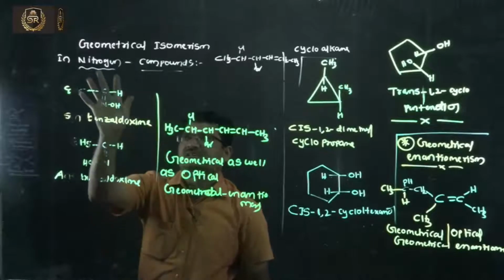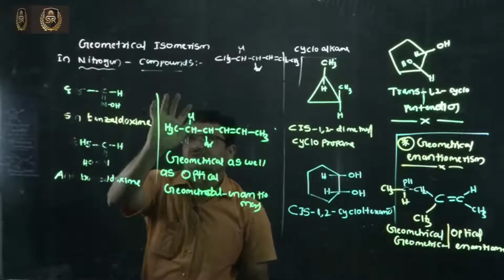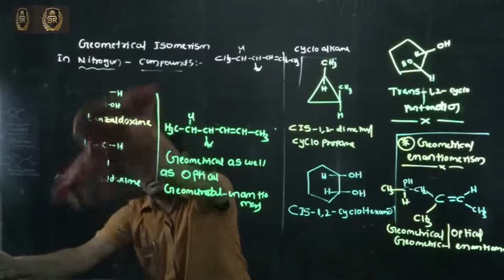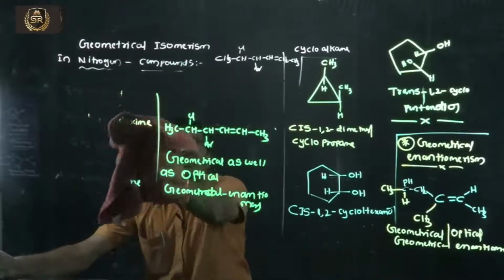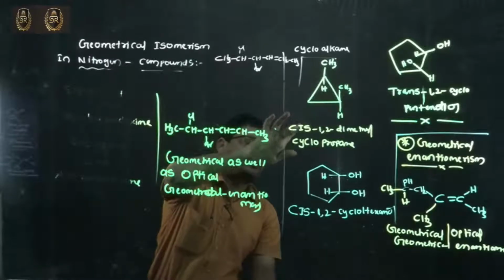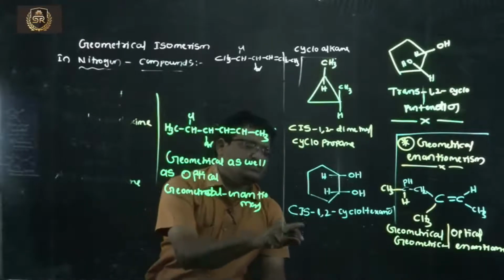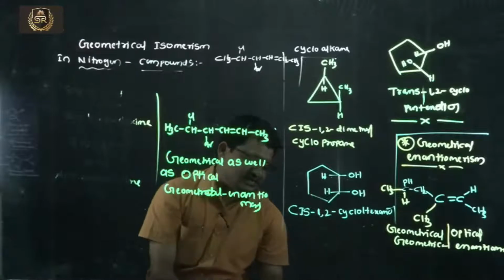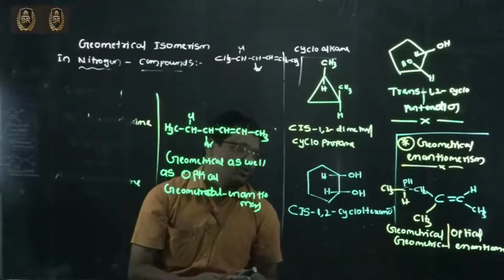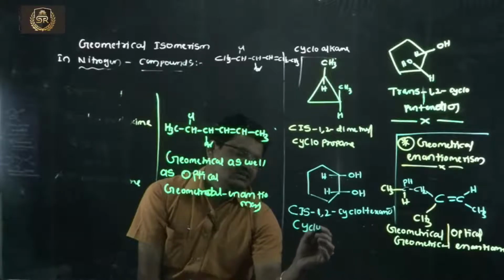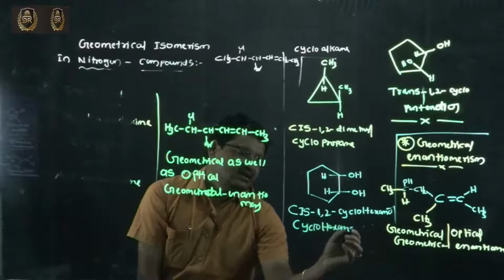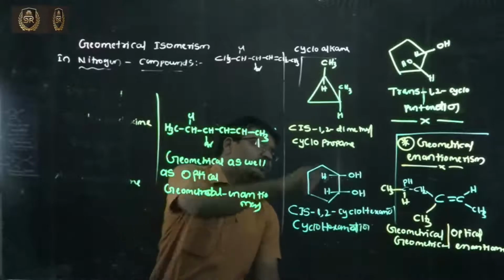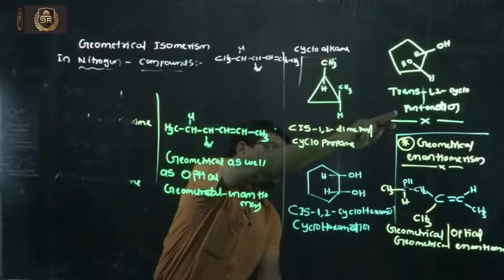So that's why this is geometrical isomerism in nitrogen compounds. Here, groups on the same side are called syn, syn benzaldoxime. And this is cis 1,2 dimethyl cyclopropane, this is cis 1,2 cyclohexane diol, and this is trans 1,2 cyclopentane diol.